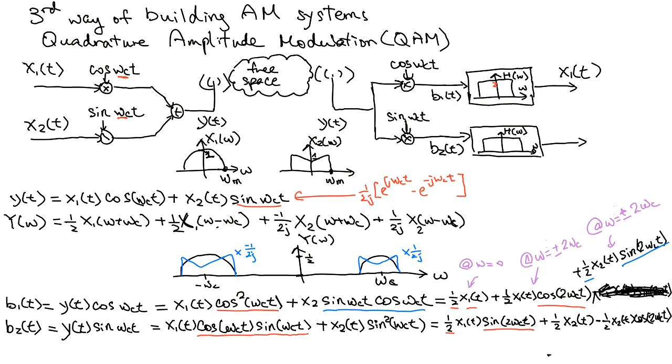Okay, that's because sine square is half of 1 minus cosine 2 omega_c t.